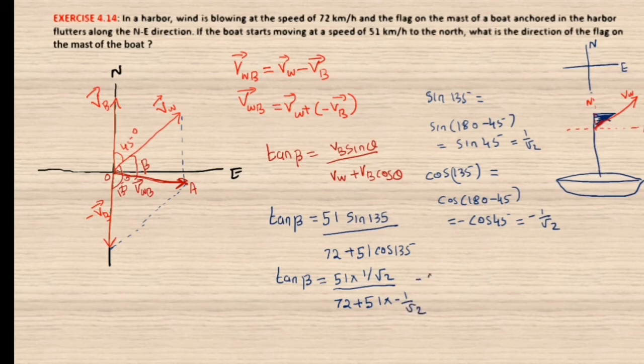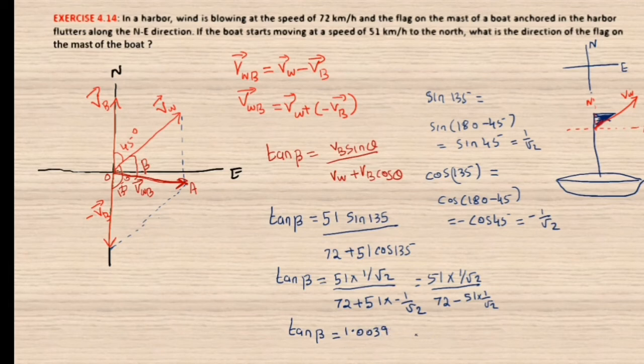That is equal to 51 into 1 by root 2 divided by 72 minus 51 into 1 by root 2. Okay. Now you have to do this calculation. So you will be getting the answer as almost tan beta is equal to 1.00339.